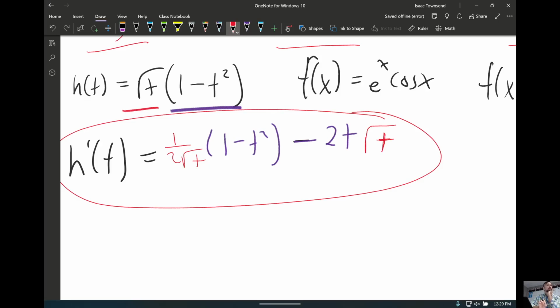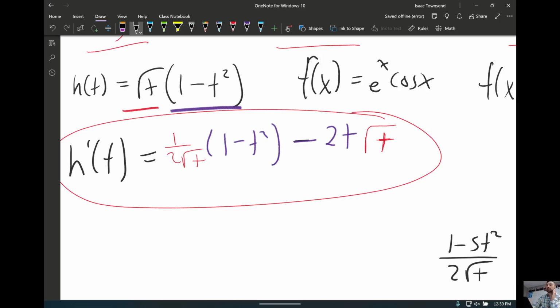The frustrating part is, if this shows up as a multiple choice question, which it does, you probably have to simplify it some until you can make it look like their correct answer. So when I look in the back, my answer does not look like theirs. Their answer says 1 minus 5t squared all over 2 square root of t.